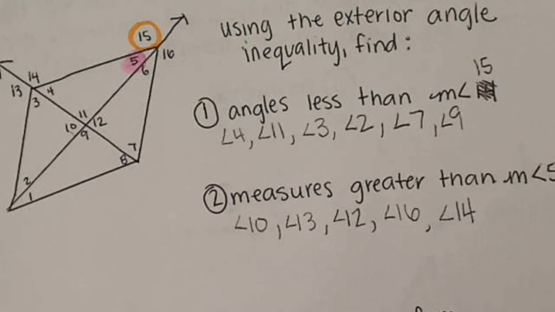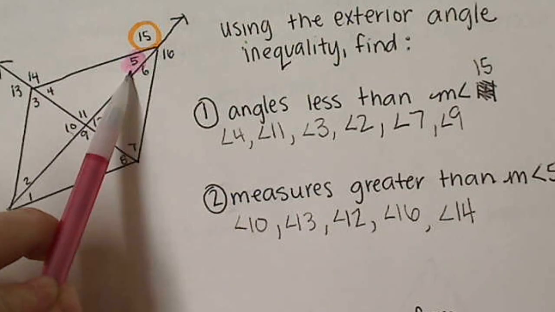Okay? This is all part of theorem 5.8, exterior angle inequality. Basically, it's telling you that the measure of an exterior or outside angle of a triangle is greater than the measure of either of its corresponding remote interior angles.